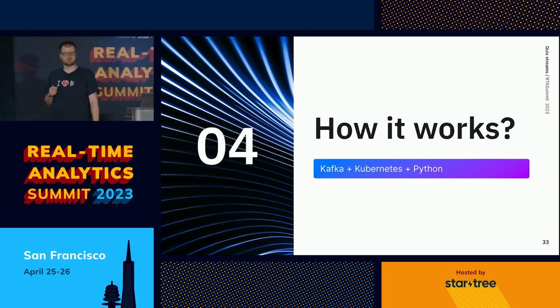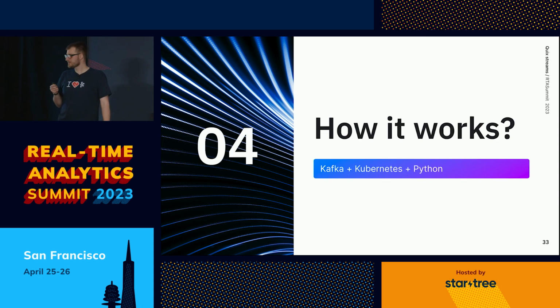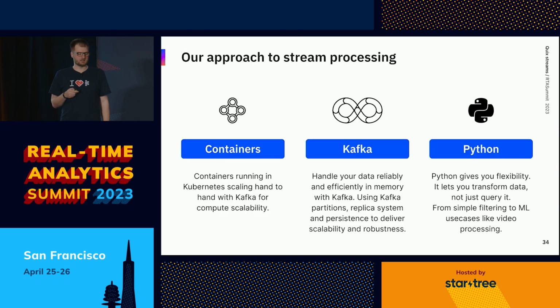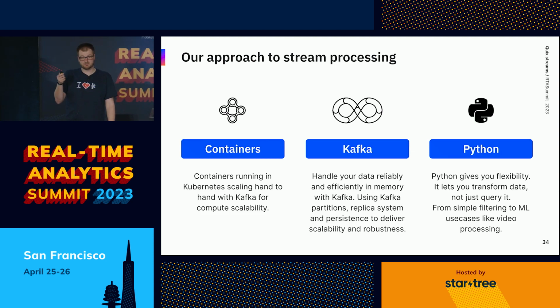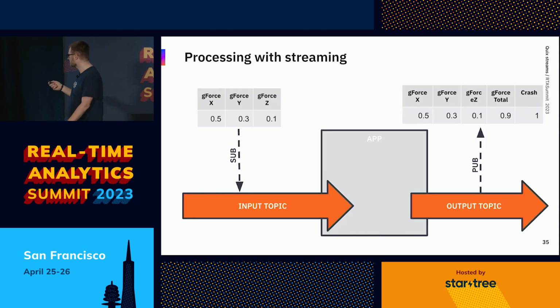So how is this working? It's a marriage of Kafka, Kubernetes, and Python all working together, using the resiliency and scalability features in tandem. We're using containers to deploy our Python code. We're using Kafka for resiliency and scalability. And we're using Python because, again, the ecosystem is really unique, especially in machine learning and mathematics.